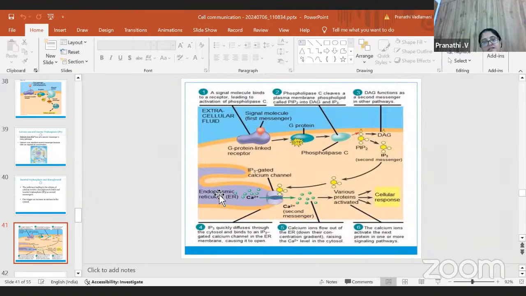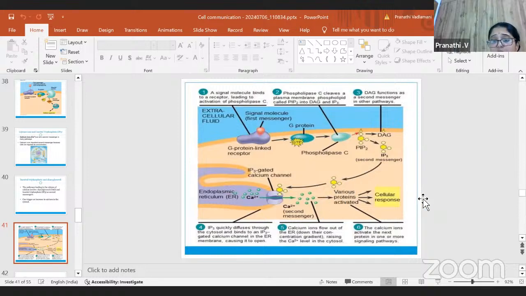We have learned last time that the ER stores calcium. So within the cell also, for the calcium to be released into the cytosol, the signaling pathway works. IP3 diffuses through the cytosol, binds to the IP3 gated calcium channel in the endoplasmic reticulum, and causes it to open. So from the ER, cytosolic calcium levels increase.